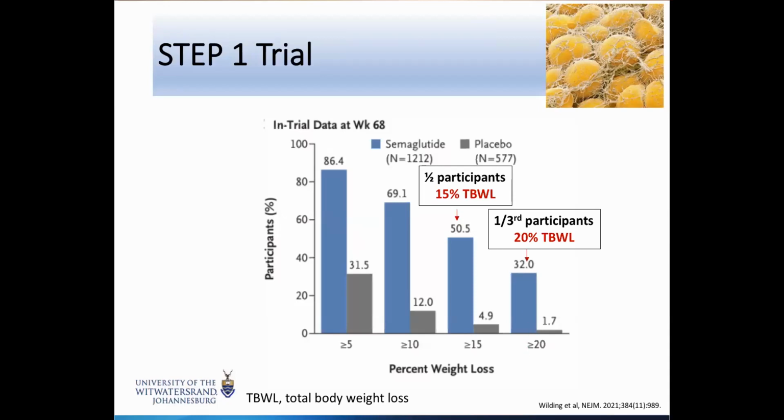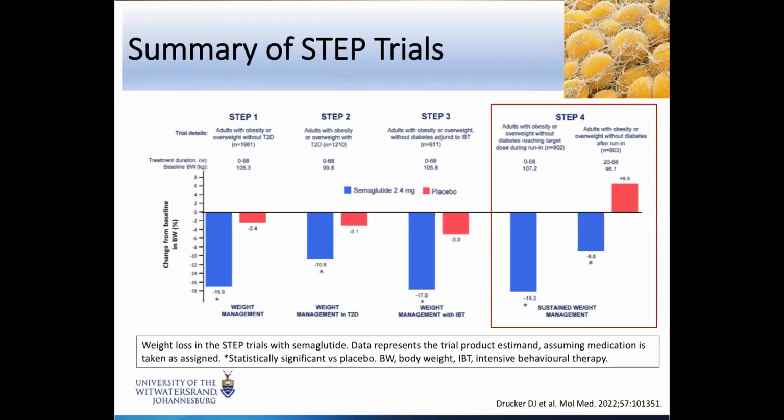There were numerous STEP trials. I'm not going to go through all of them, but just to draw your attention to STEP 4. The reason for that is that with regards to pharmacotherapy, eventually there comes a point where the weight loss plateaus. But with the STEP 4 trial, continued use of semaglutide resulted in continued weight loss, whereby 40% of patients had continued weight loss of approximately 8%.